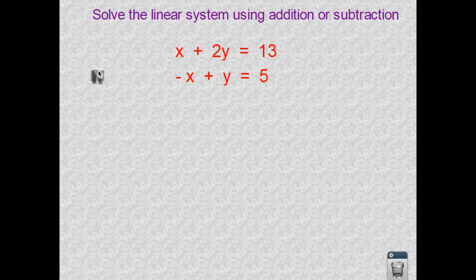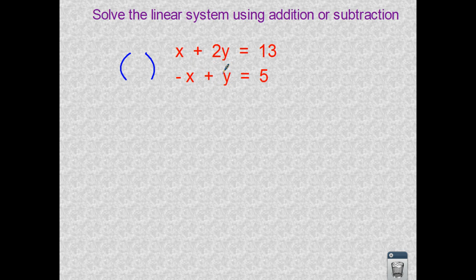We are going to use one of these operations called addition or subtraction to make sure that we eliminate one or more of the variables. It looks like if I have a 2 coefficient and a 1 coefficient, if I were to use addition or subtraction, I am not going to be able to get rid of the y term.